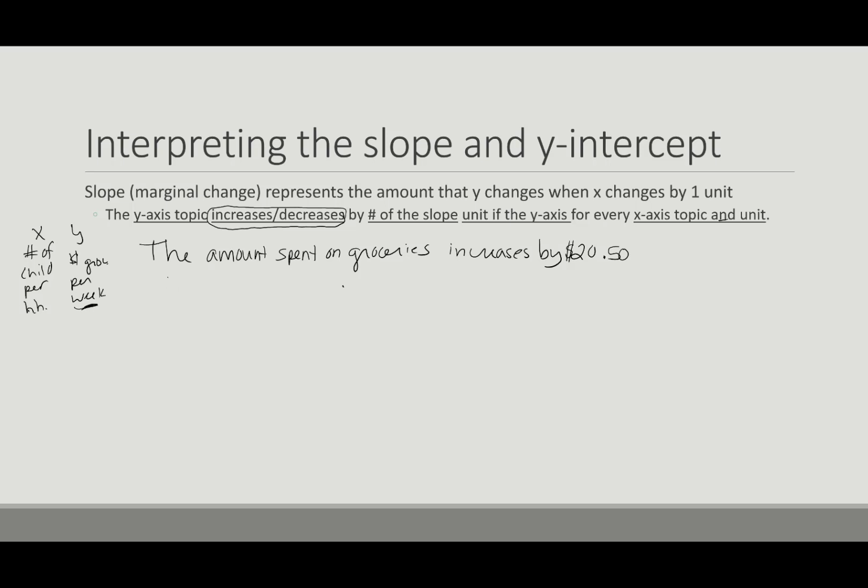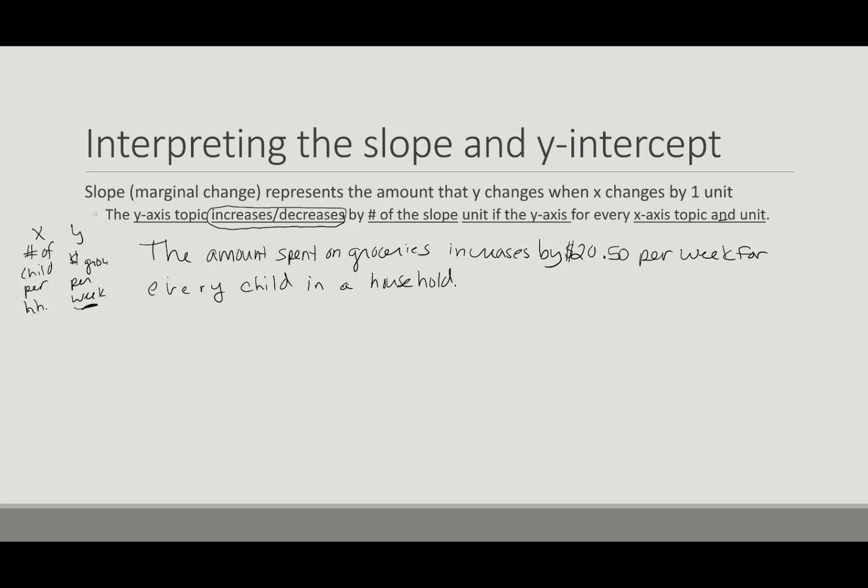So it increases by $20.50 per week for every child in a household. Okay, so now when I read through it, the amount spent on groceries increases by $20.50 per week for every child in a household. That is a lot more complete and has all of the pieces of my data set and my labels.